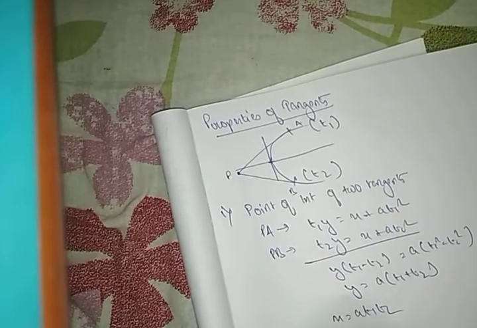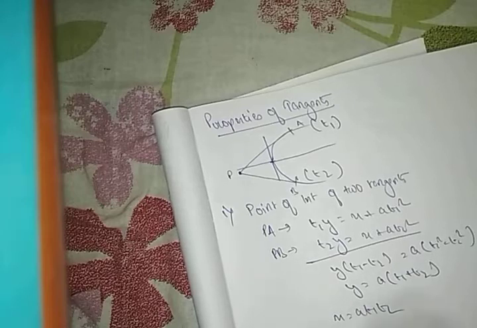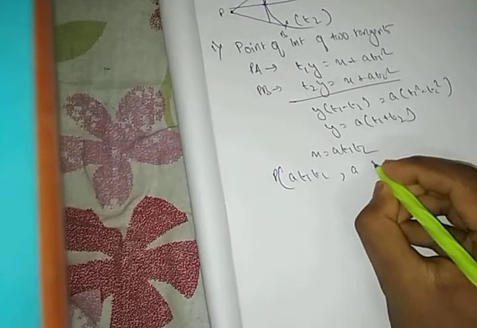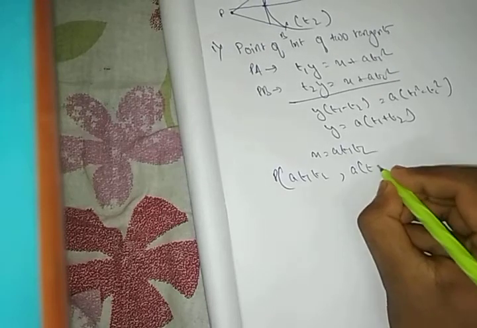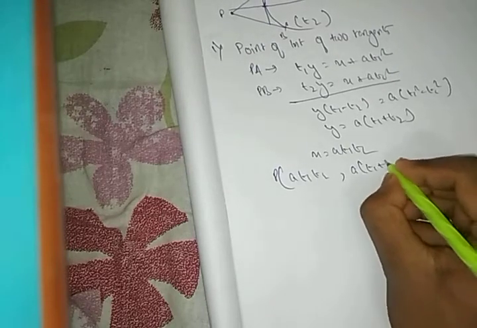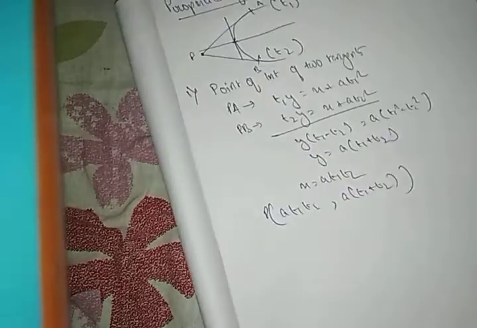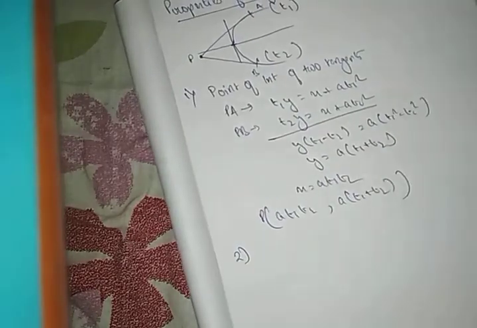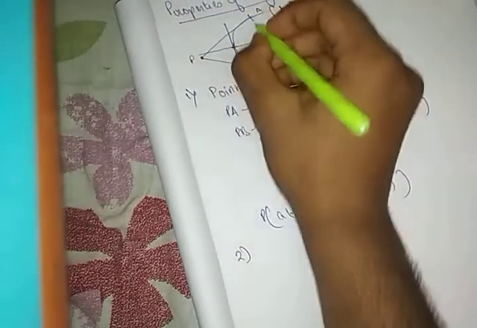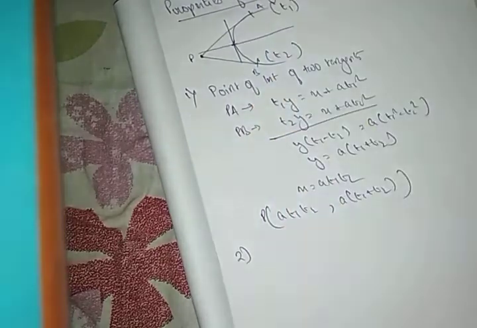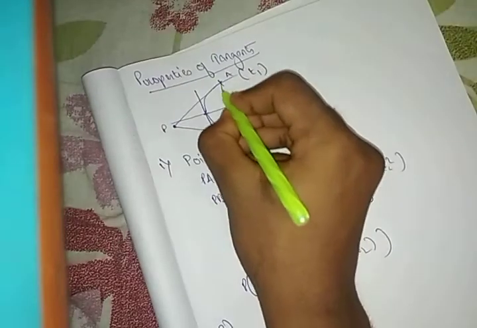So the point of intersection P will be (a t1 t2, a(t1 plus t2)). Done.